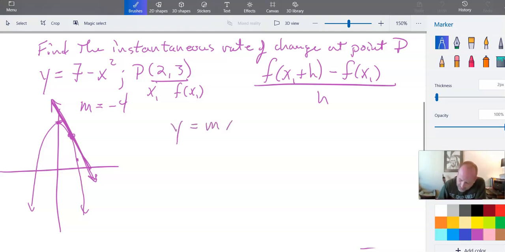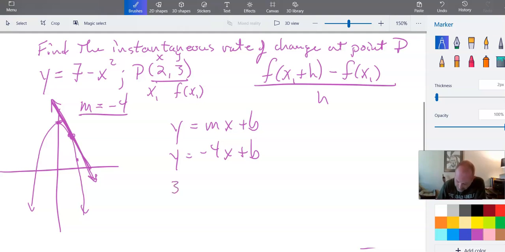I know I want y equals mx plus b, and I have m, so this is now y equals negative 4x plus b. And if I just need to find b, well, I have an x and a y right here, 2 and 3, right? That's x, that's y. So I can plug those in here. So 3 is equal to negative 4 times 2 plus b.